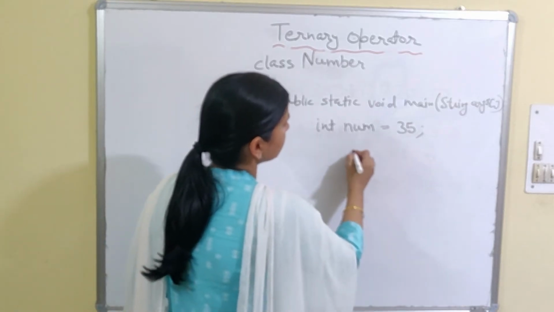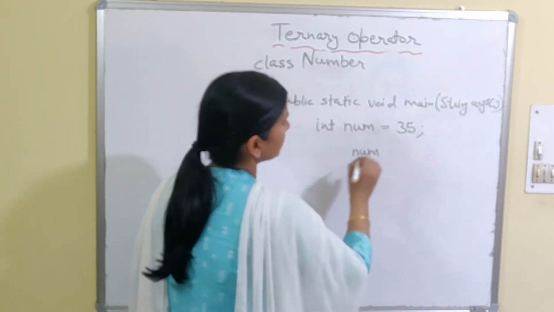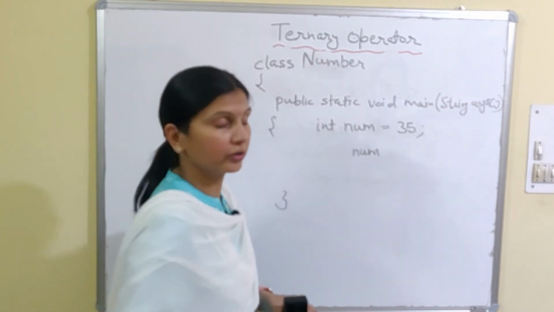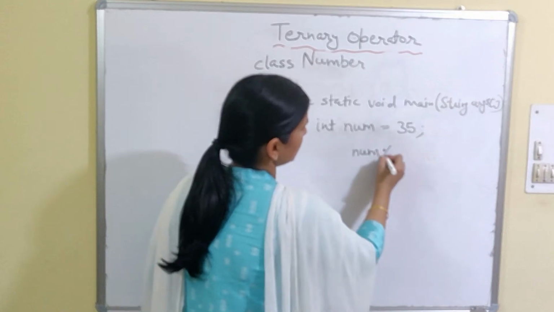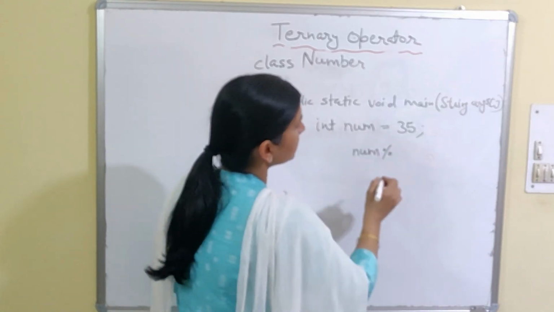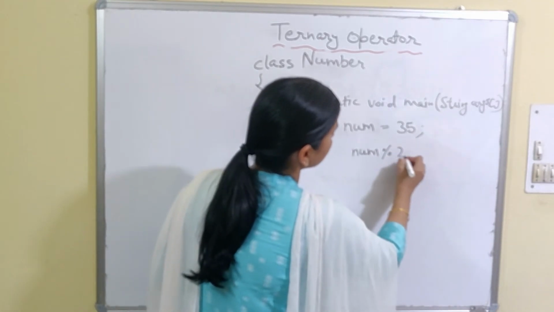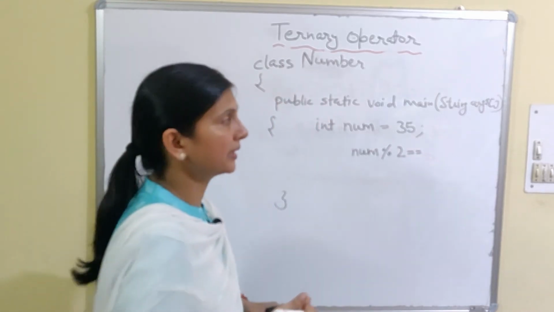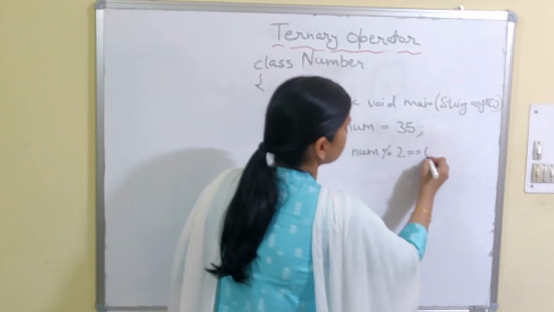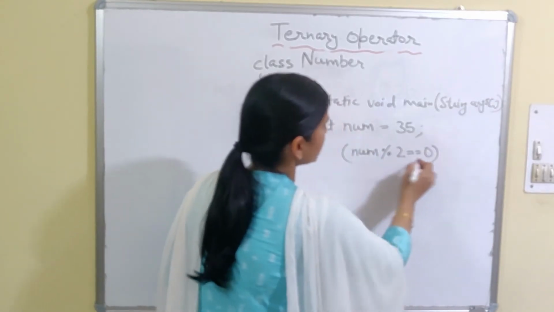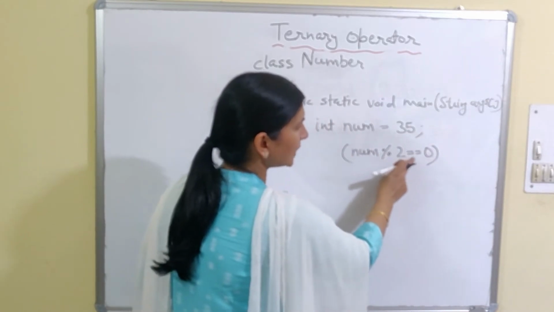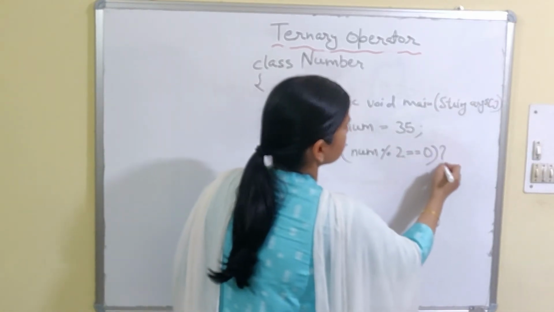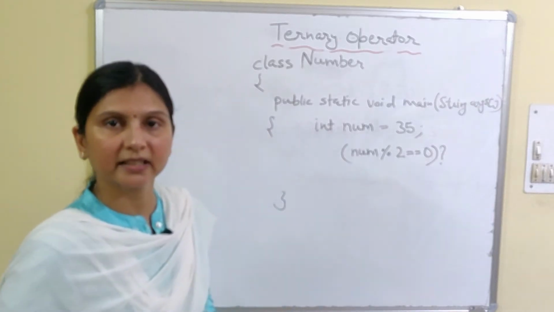So how will you write it? num. And to get the remainder, which operator will we use? Modulus operator, or mod you can say. num mod 2. For equality, we will use double equal 0. This is the condition: num mod 2 equals 0. Then what should be assigned?